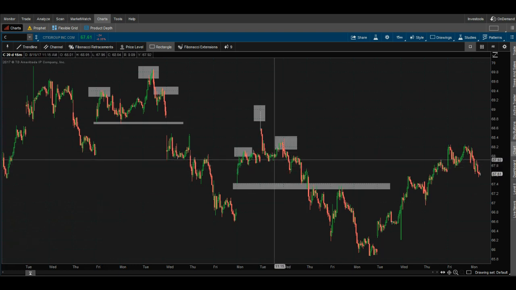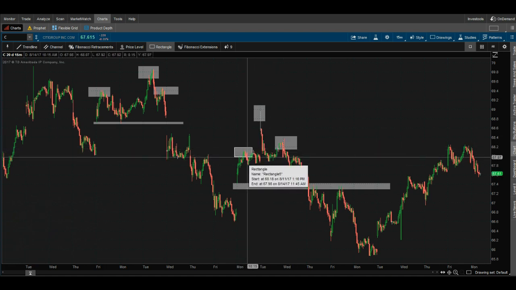Here's kind of the pullback here, back to the support level. Sometimes it's all the way down here, sometimes it's up here. There's no specific way of how this happens, just so you understand.